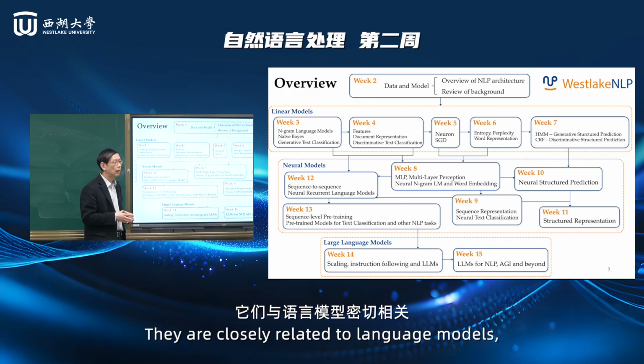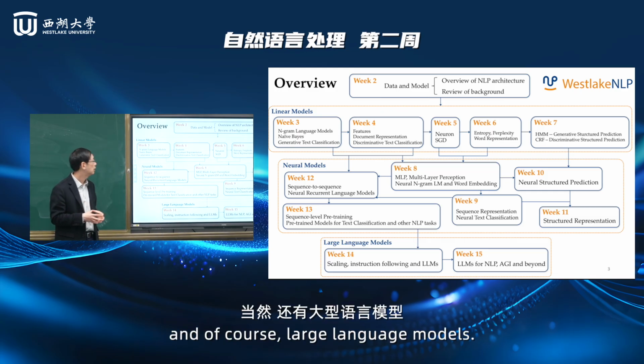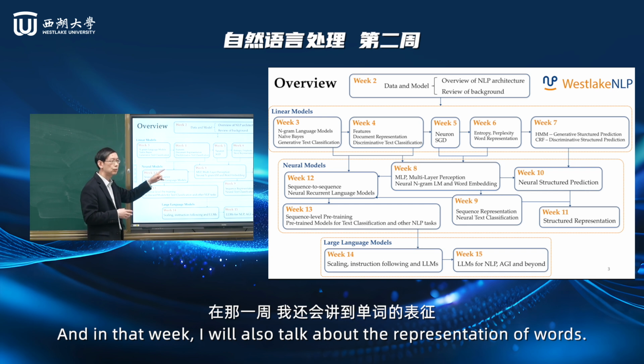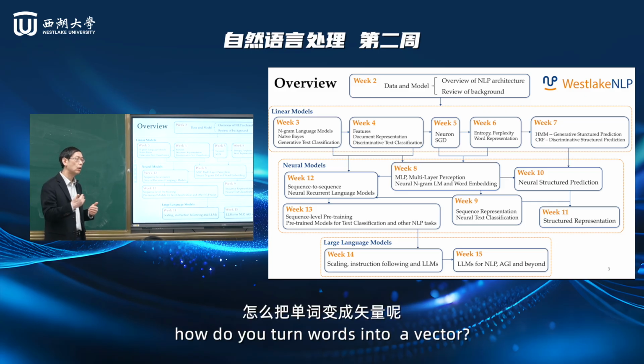They are closely related to language models, and of course large language models. And in that week, I will also talk about the representation of words. How do you turn words into a vector?